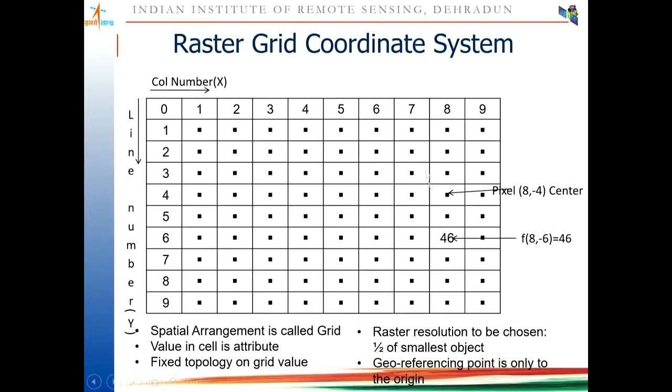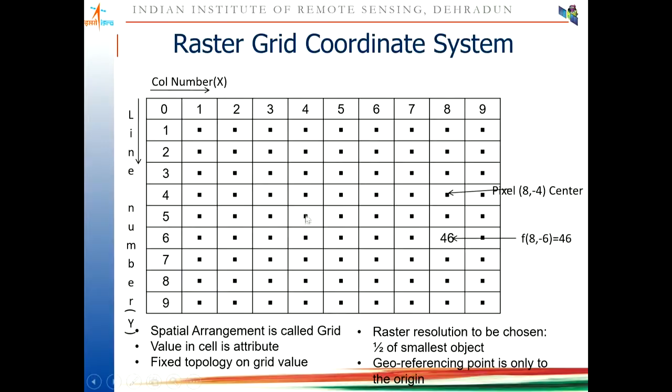And there are a few properties of this representation. Like in the previous case, any kind of neighborhood data we need to store, that is topological information we need to store in case of vector data sets, whereas in raster data sets the topology is already built into this grid structure.